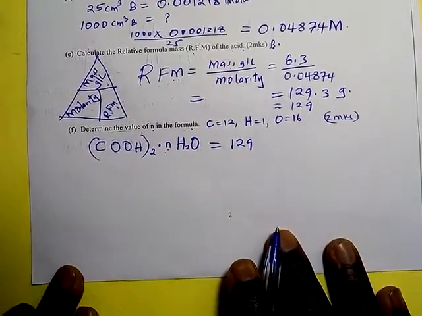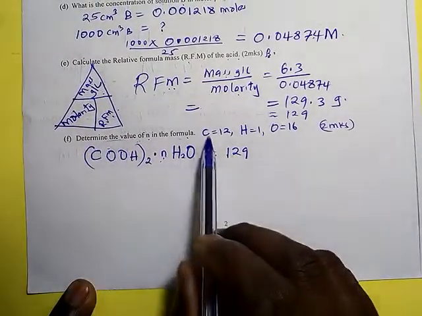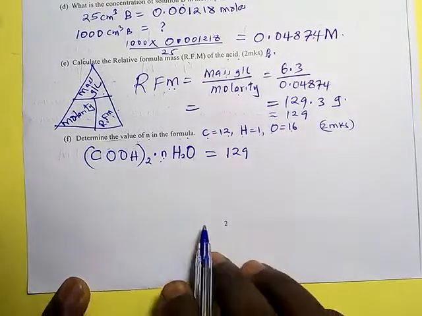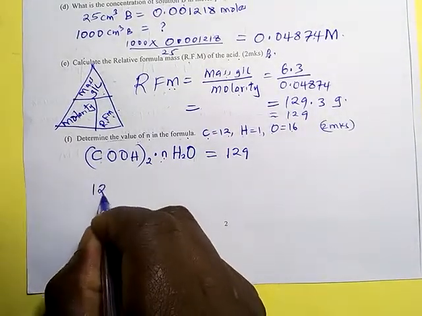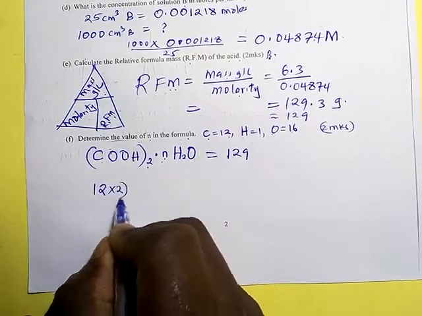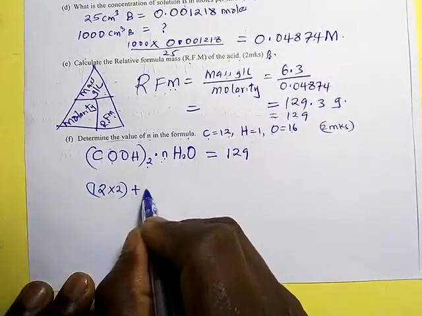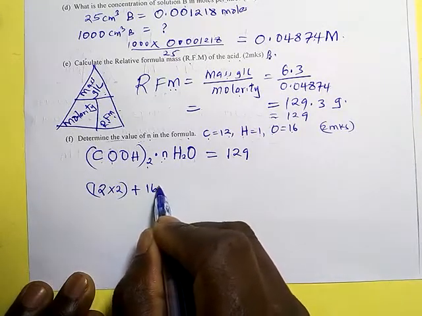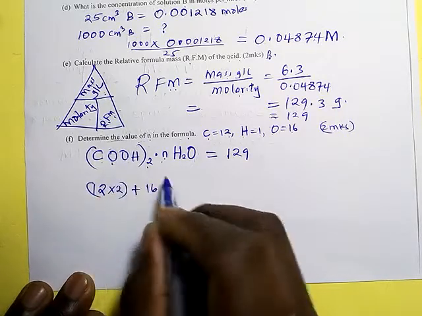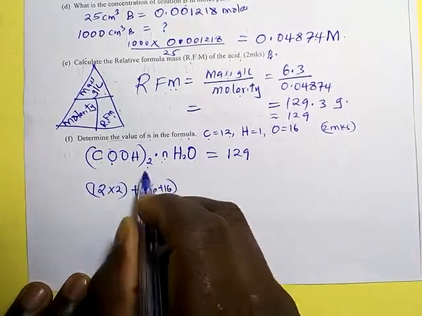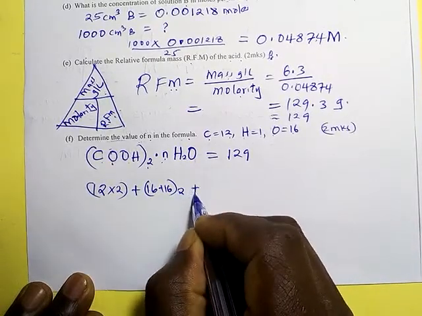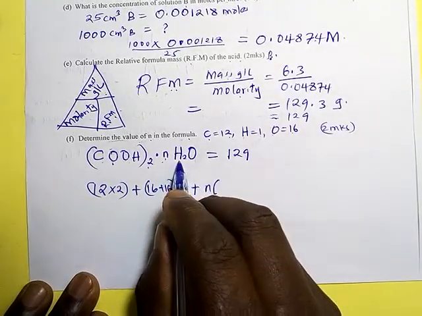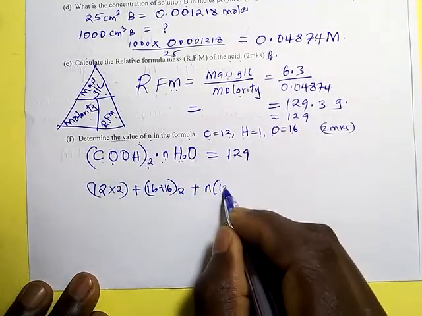Right? And then we have been given here, carbon is equal to 12, hydrogen is equal to 1, oxygen is equal to 16. So 1 carbon, that is 12, but there is times 2 here, plus 1 oxygen is 16. Here we have 2 of them inside. So 16 plus 16, and then times 2, plus n into 1 plus 1, that is 2, plus 16, that is 18.